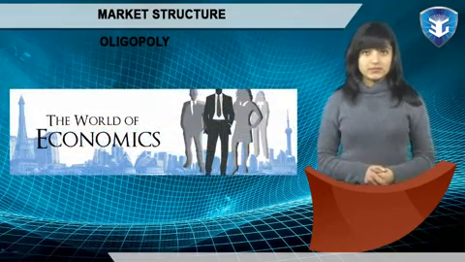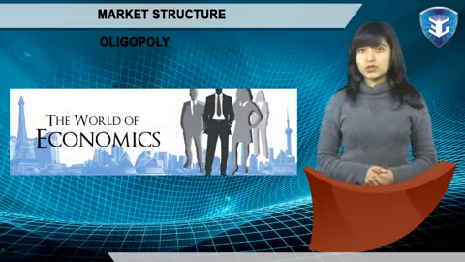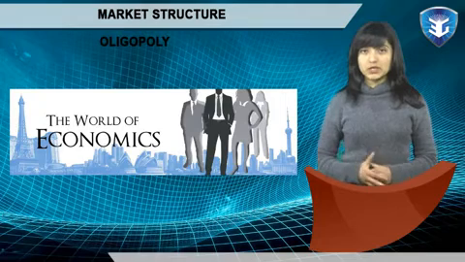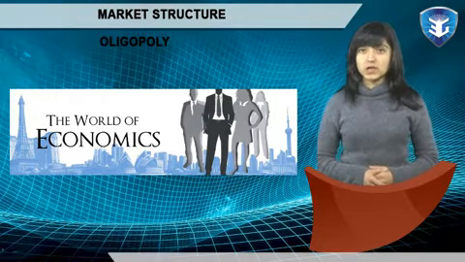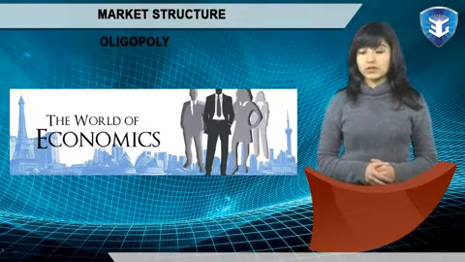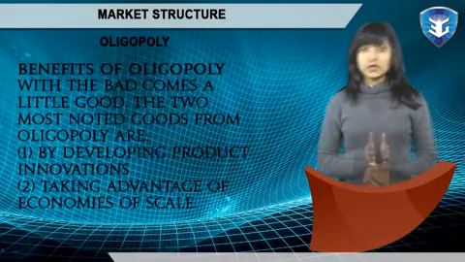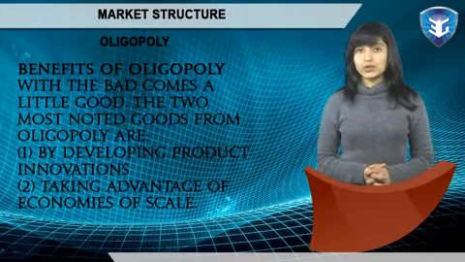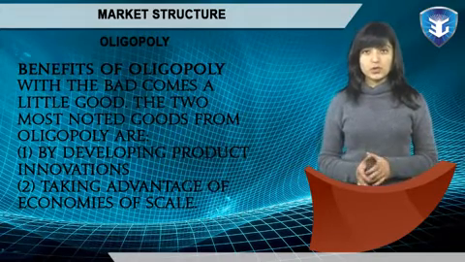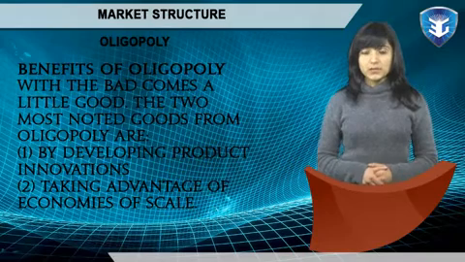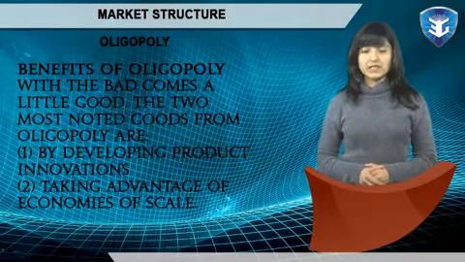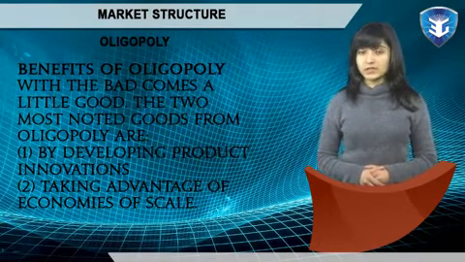Rigid prices: many oligopolistic industries, not all but many, tend to keep prices relatively constant, preferring to compete in ways that do not involve changing the price. Benefits of oligopoly. With the bad comes a little good. The two most noted goods from oligopoly are developing product innovations and taking advantage of economies of scale.